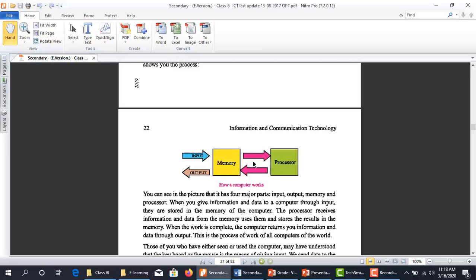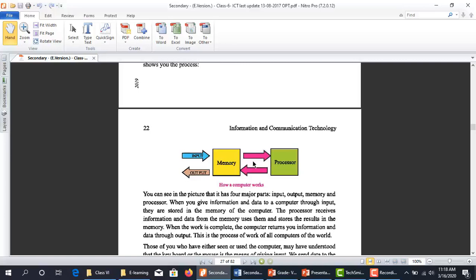When I give some inputs, we are giving human language, so it needs a converter, an interpreter, to convert it into machine language, and it comes into the processor, and the processor understands that something wants to be processed. Then it is processed using the memory, and after that it needs a converter again, because we cannot understand machine language, so it converts again into human language, and we see the output in the output device.